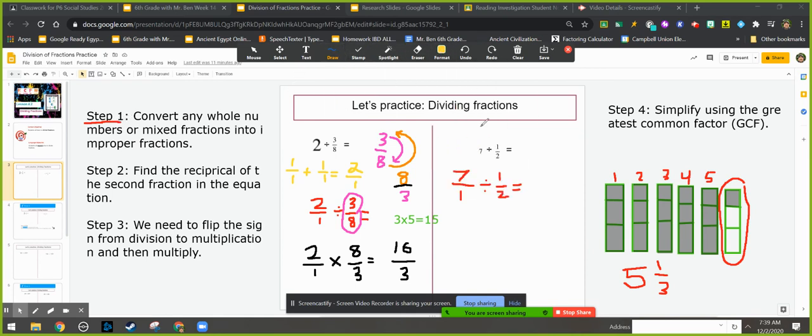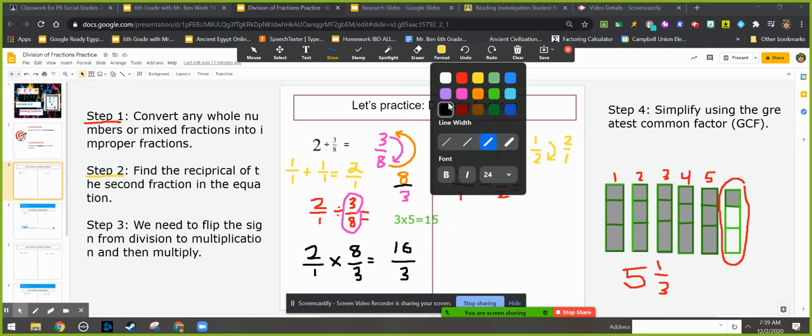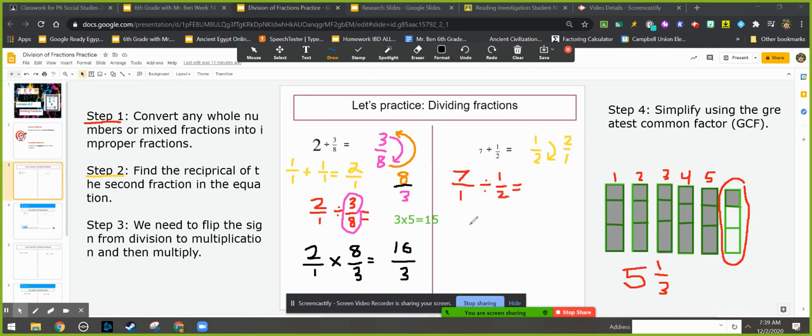My step 2 is I'm going to take the reciprocal of 1/2, and I'm going to flip it to 2 over 1, and I'm going to rewrite, actually, let's keep it in yellow, I'm going to rewrite 7 over 1. Now it's multiplied because I'm doing step 3, multiplied by 2 over 1.